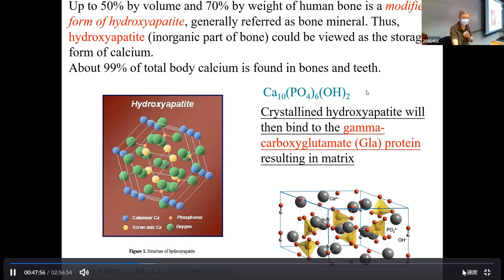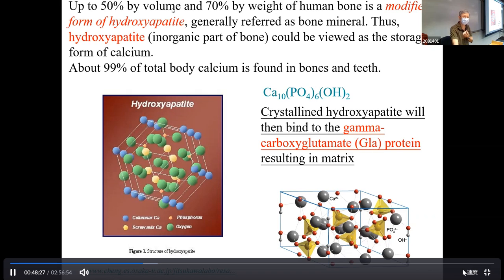But I want you to remember this: Ca10(PO4)6(OH)2. Why we want to remember that is because later, when we talk about fluoride, it is the fluoride that is going to replace some of the OH. So that's why I want you to remember this formula.